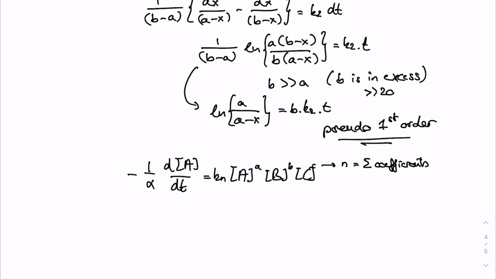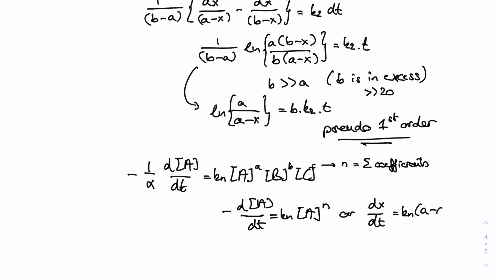And so if we look at the initial concentrations, where they are equal to the stoichiometric coefficients, and we just say that all these coefficients for the moment are 1, then we arrive at this equation, or in the other notation we were using, dx/dt is kn times (A minus X) to the power n, right? Which is the total reaction order.